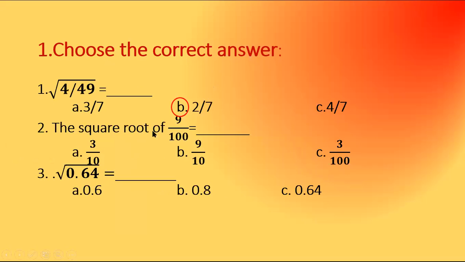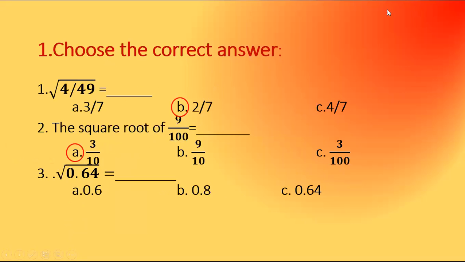Now the square root of 9 over 100. Yes, student, square root of 9 is 3. So here we can select A or C, but square root of 100 is 10. So that means option A is correct.